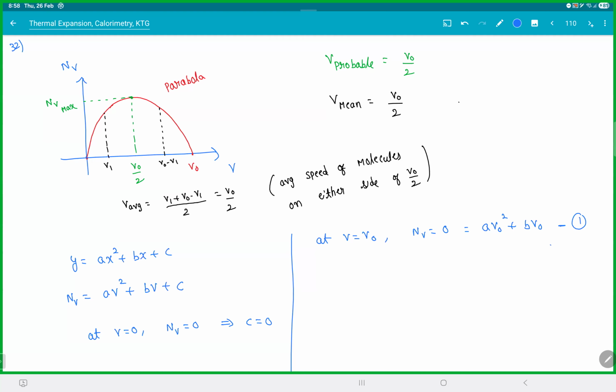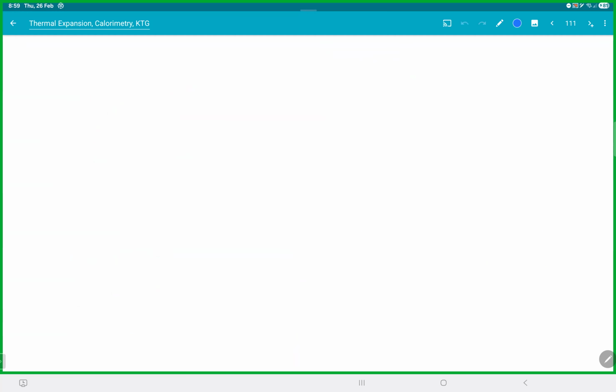How to get the second equation? The area under the curve, integral nv dv, will give you the total number of molecules. Let me show it on the next page. So we know nv is nothing but dn by dv, which is a into v square plus b into v.